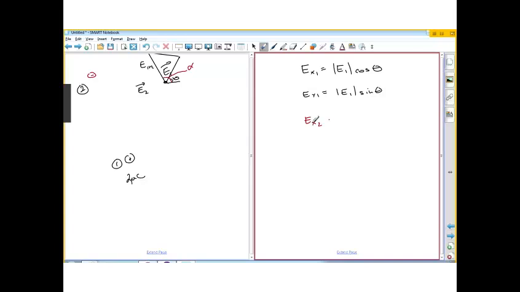So E sub x2 is going to be equal to the magnitude of E sub 2 times the cosine of alpha, and E sub y2, which is the y component of that vector, is E sub 2 times the sine of alpha.